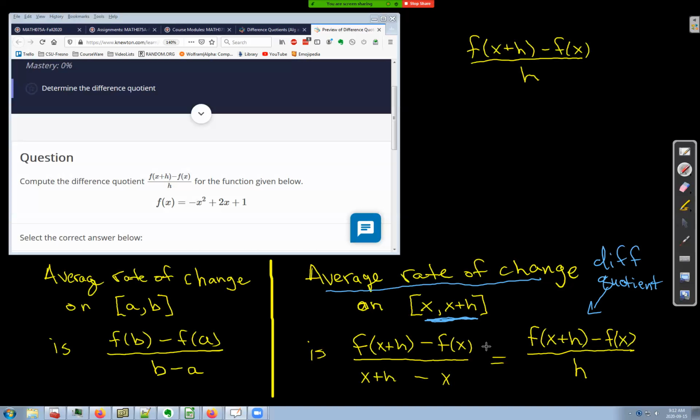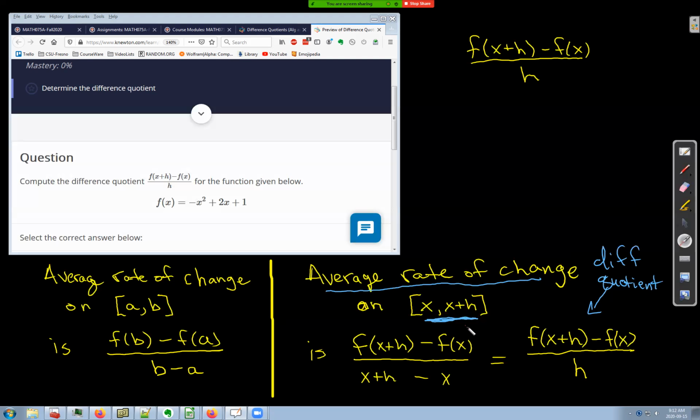And so you might say, okay, I understand that, but why do we need a special rate of change? What was wrong with the original average rate of change? Why do we need the special rate of change on the interval from x to x plus h?